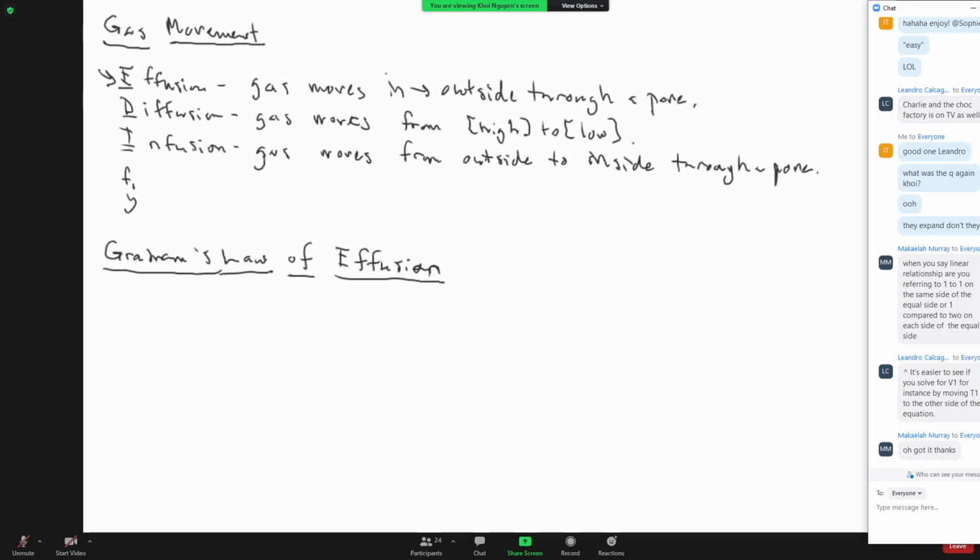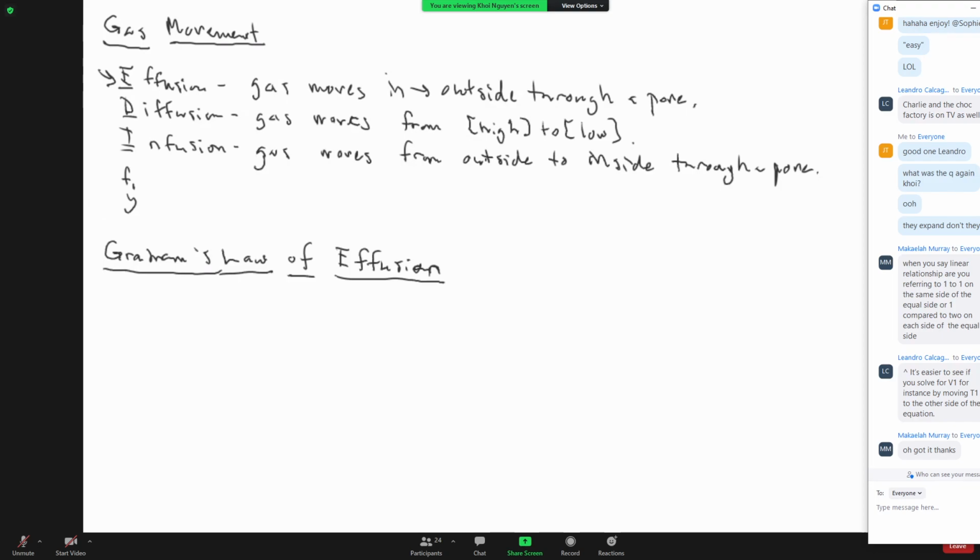Think about it: when you effuse, when you infuse, make sense? You're sucking in gas. One goes from the inside to the outside through a pore. The other one goes from the outside to the inside through a pore. Inhalation, exhalation.